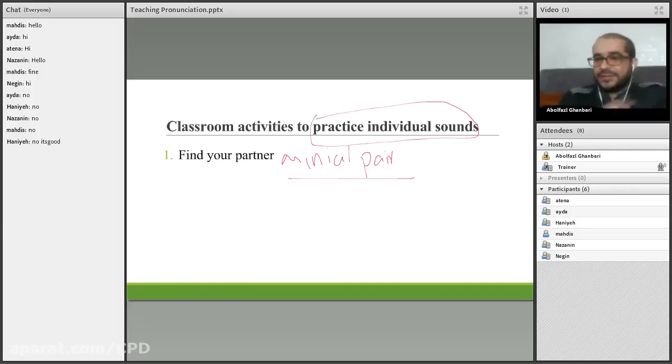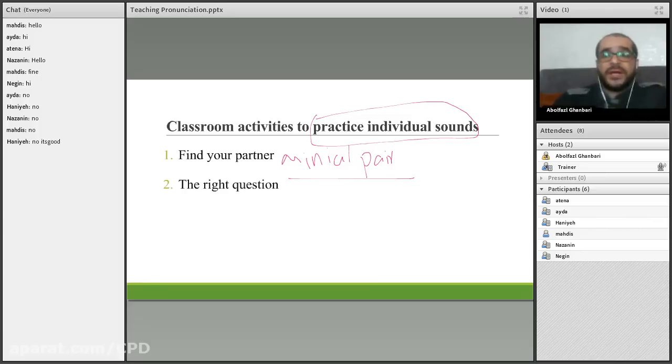As I told you, like pat and mat, p and m are similar sounds, and the learners need to pay attention to find which one is correct, pat or mat. Find your partner by minimal pair.